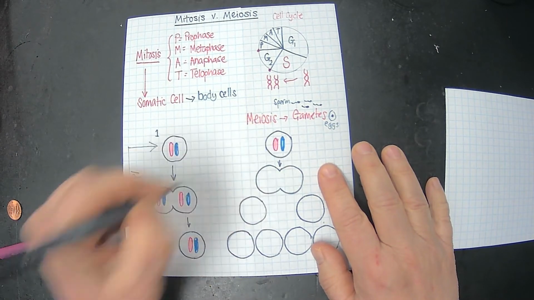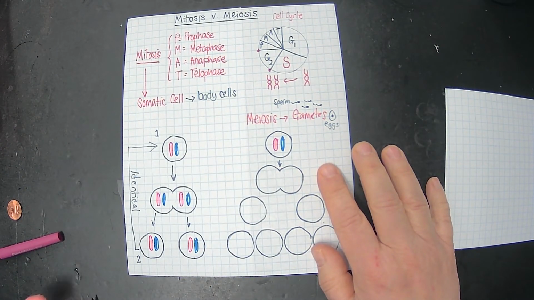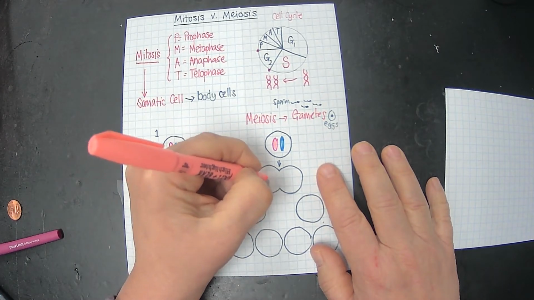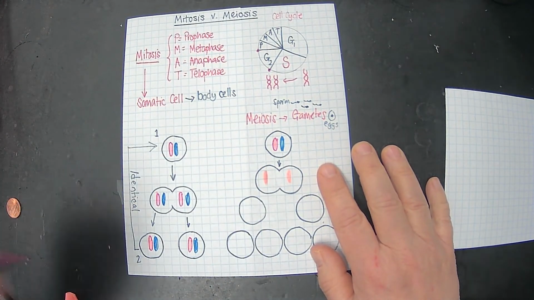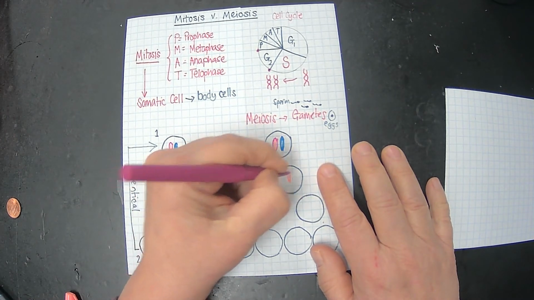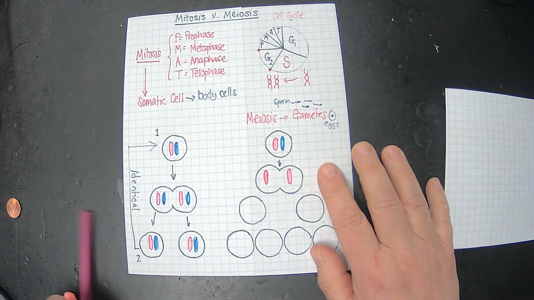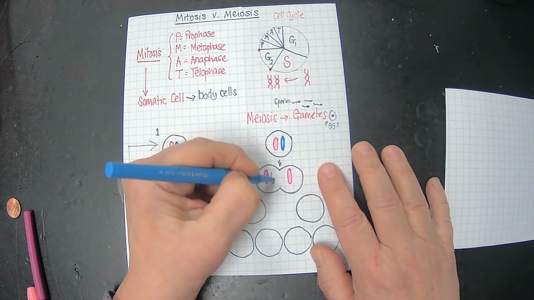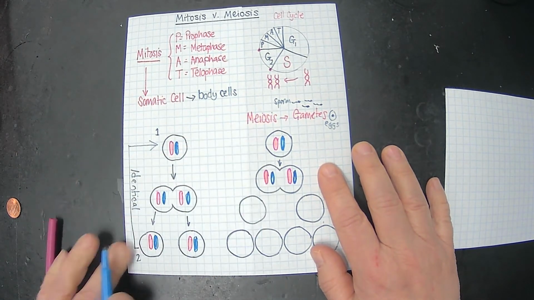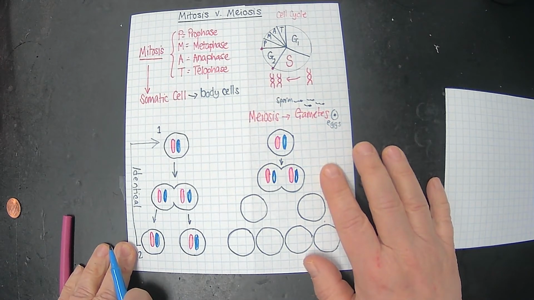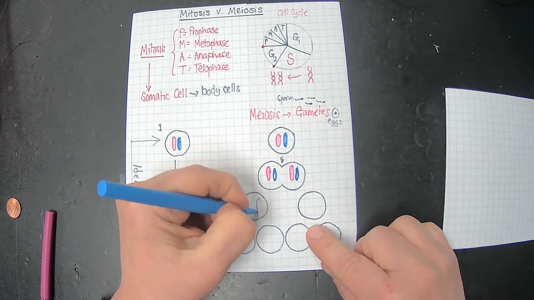And so step number one looks a lot like mitosis, because the cells make copies of their DNA. And we end up with something like this. We go through kind of like a regular cell division, okay? And then these two split.